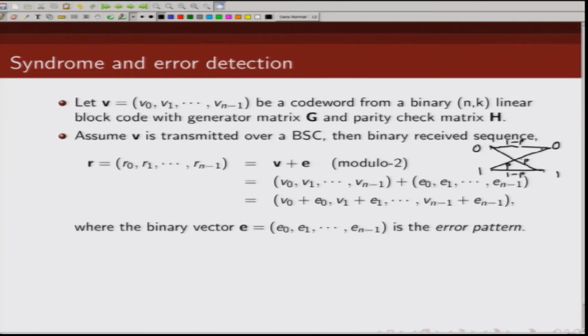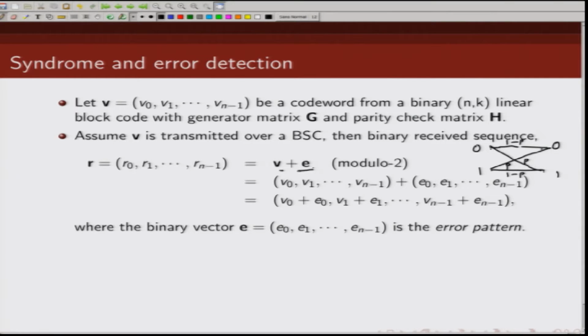Let us denote by R our received sequence, the received code word which we sent over this binary symmetric channel. As I said, the output of the binary symmetric channel is also 0 and 1. So, we can describe the output R as our transmitted code word plus some error vector.